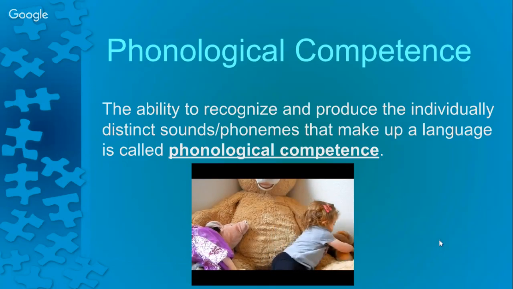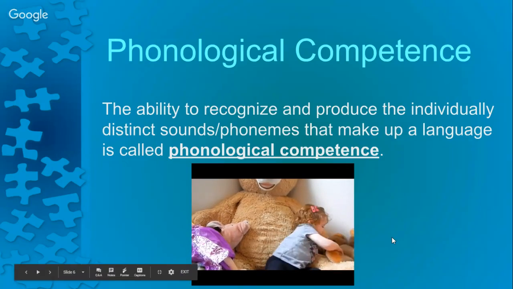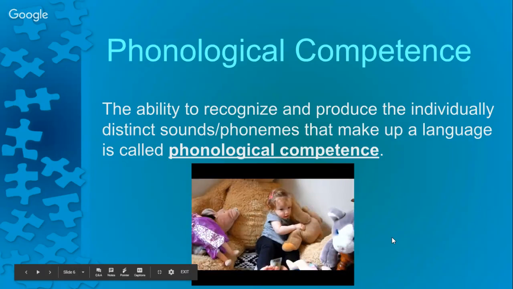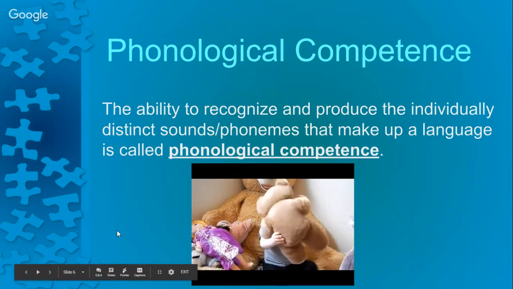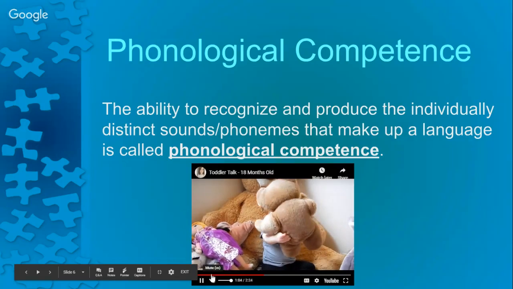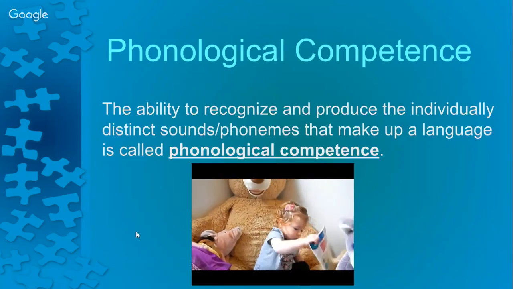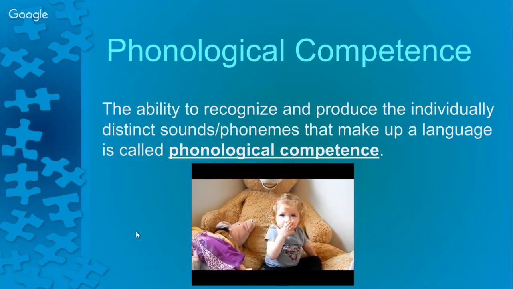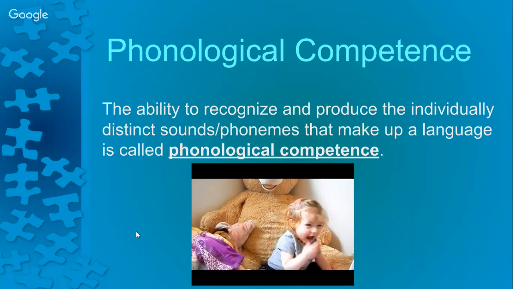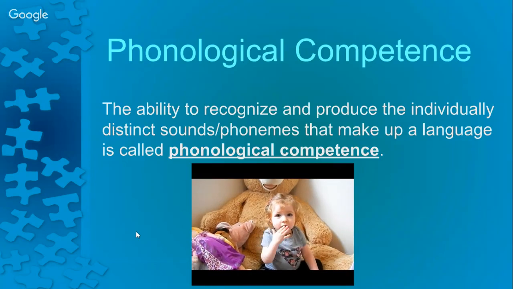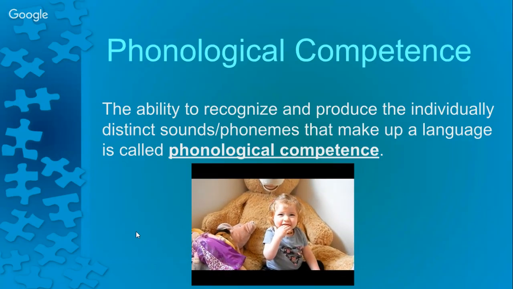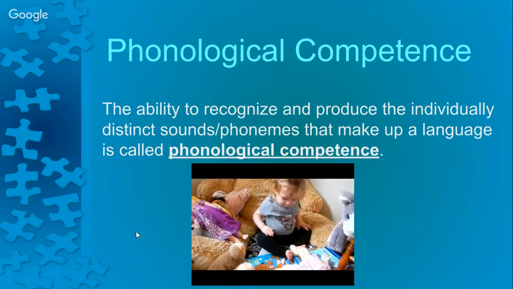What's that? Where's Sabrina's nose? Where's your nose? Nose. Where's your eyes? Eyes. Where's your teeth? Teeth. Where's your toes? Toes.